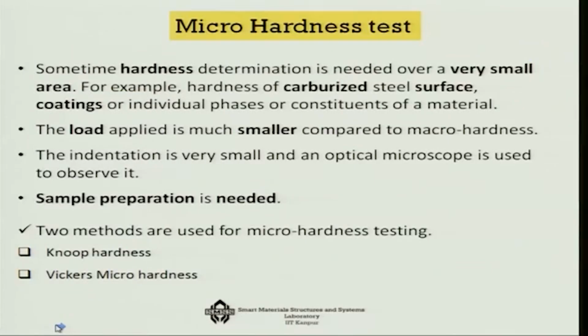Now, sometimes this hardness is insufficient, particularly when you make a very thin layer. This kind of general hardness is good when you have a single material, but many times we give a special surface coating on metals.